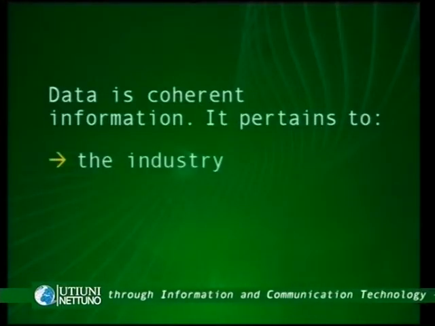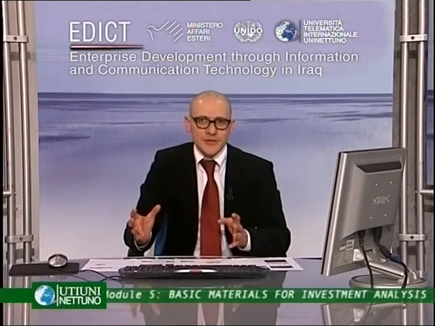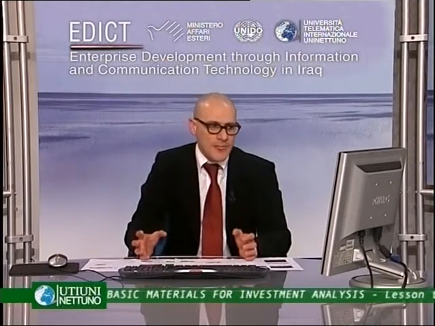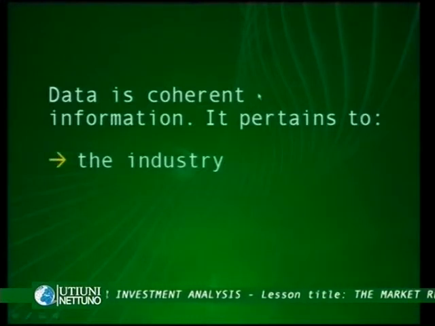Data is coherent information. Coherent information means that it could be a single source of information that we take in consideration, or we could elaborate more single information and we might obtain data. The coherence of data is related to the domain.